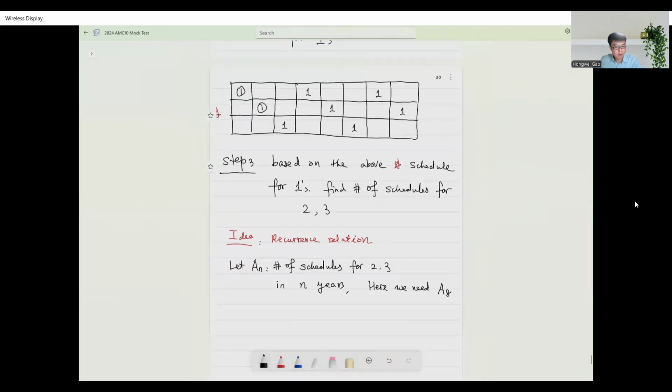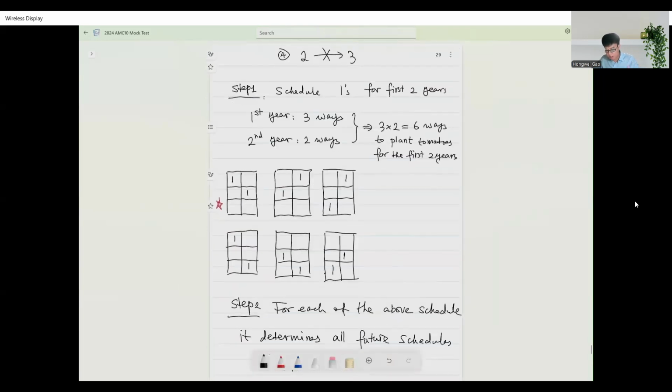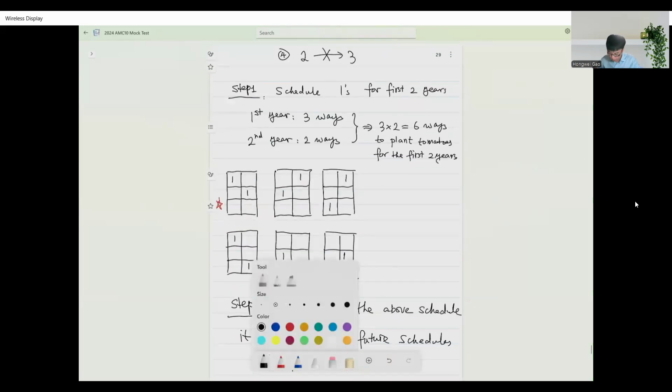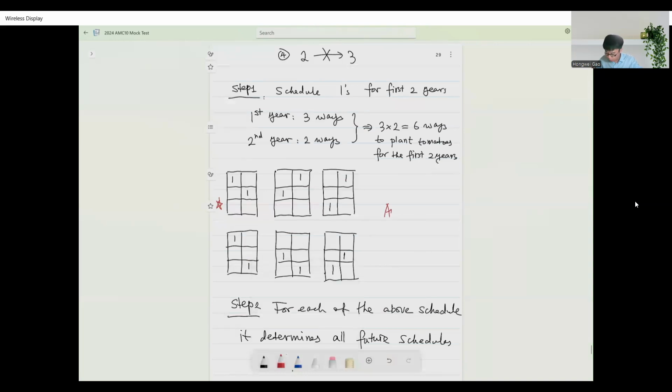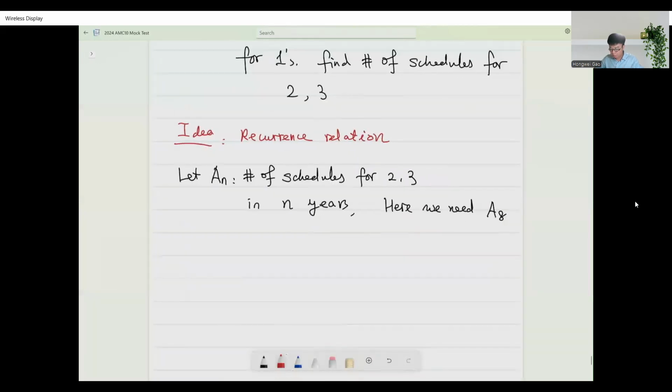If we can solve A8, our answer to this question should be 6 times A8. So the answer to this problem is 6 times A8, because there are 6 ways to plan 1s. And based on each one, we have A8 ways to do 2 and 3. All right, let's find A8. We will use AN first.